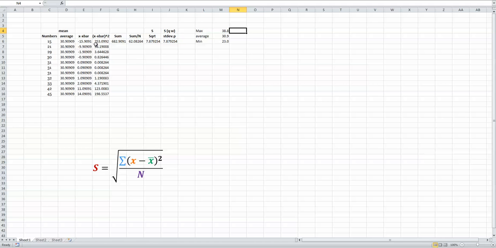So does the age 15 fit? No. Does the age 21 fit? No, it doesn't. Does 29 fit? Yes, it does. 30? Yep. And this carries on through for a little while. So 33 still fits in because the 38 is the maximum that can be.